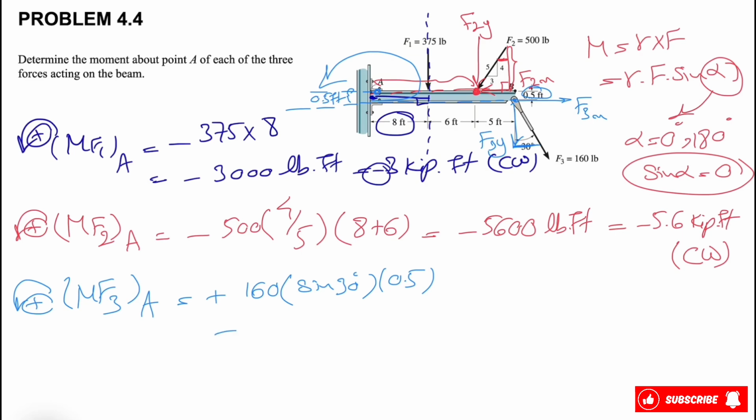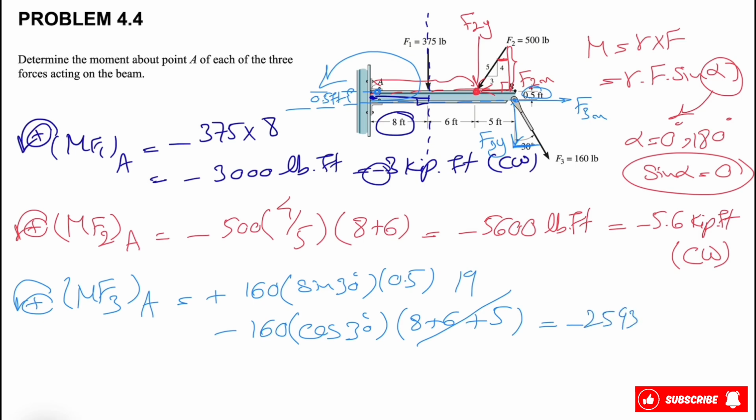This time, the moment of F3y will be negative because it's clockwise, so 160 times the y component, cosine of 30 degrees, and the distance will be 8 plus 6 plus 5, which is 19. If we calculate this, we'll get minus 2593 pound-foot.